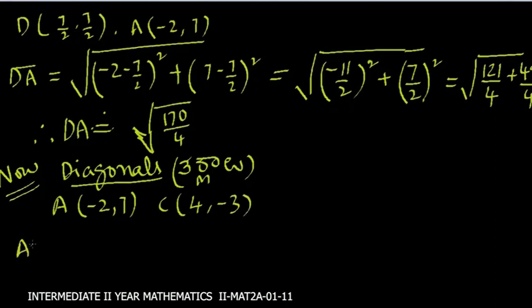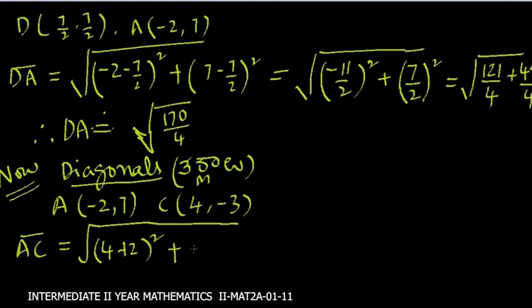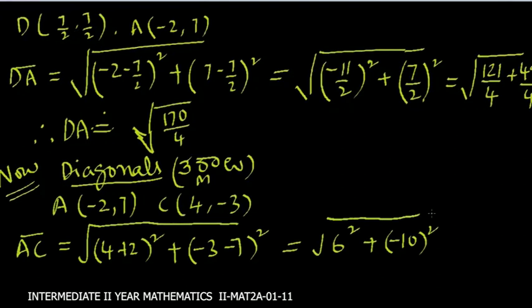Now the distance AC is equal to the square root of (4 plus 2) x2 minus x1 whole square plus (-3 minus 7) y2 minus y1 whole square. 4 plus 2 is 6 square, minus 10 square, under root.